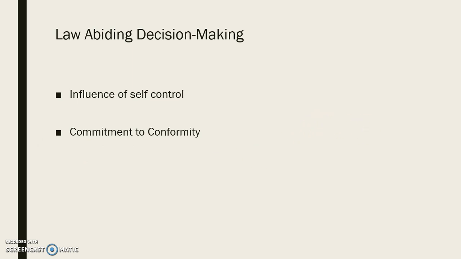By focusing on law-abiding decision-making, Travis Hirschi, who is one of the most well-known social control theorists, has argued that self-control is really important to this notion of conformity. That is, he defines self-control as a strong moral sense that renders a person incapable of hurting others or violating social norms.